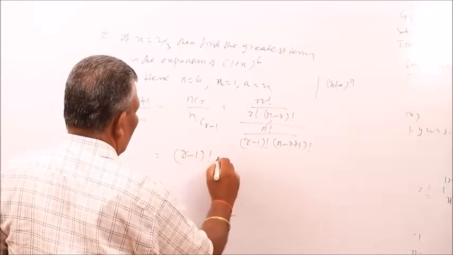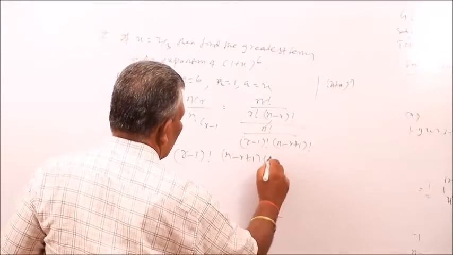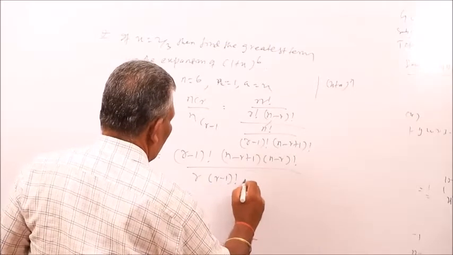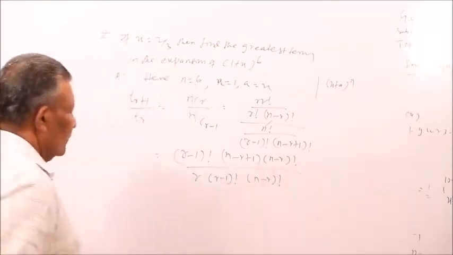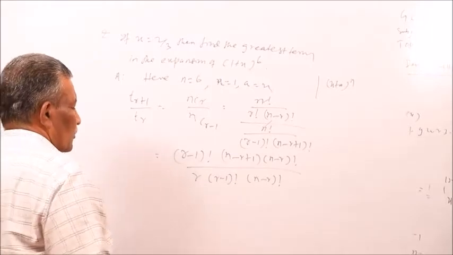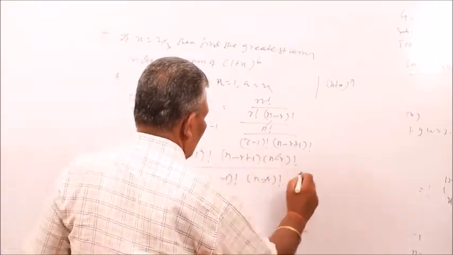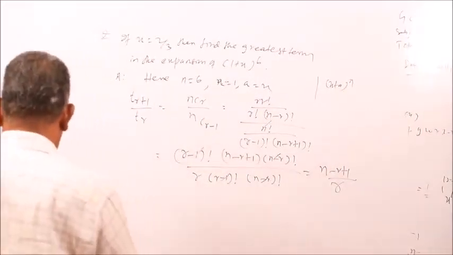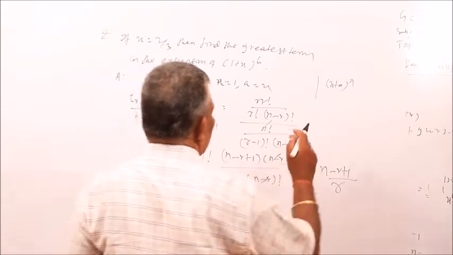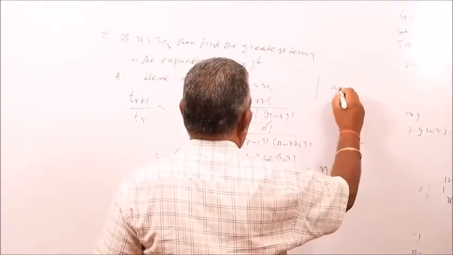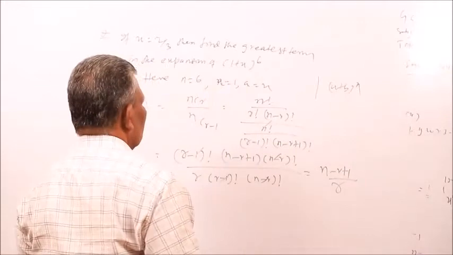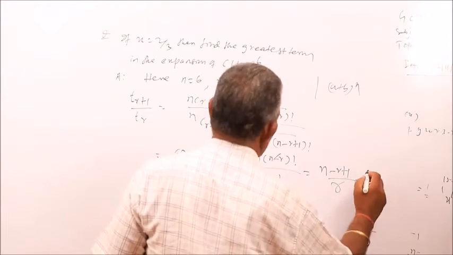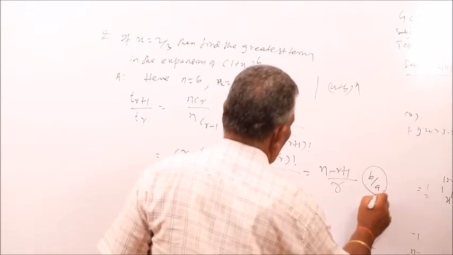So we have (r minus 1) factorial (n minus r plus 1) into (n minus r) factorial divided by r into (r minus 1) factorial into (n minus r) factorial. Cancelling the common terms (r minus 1) factorial and (n minus r) factorial, we have (n minus r plus 1) by r. So if we take (a plus b) whole to the power n as the binomial, then it will be (n minus r plus 1) by r into b by a.